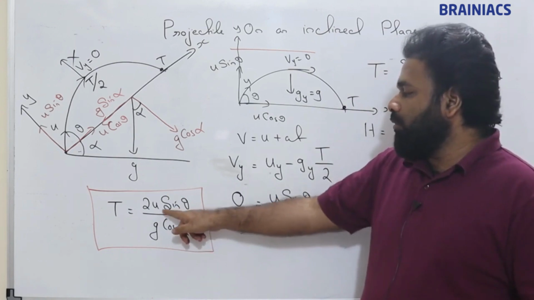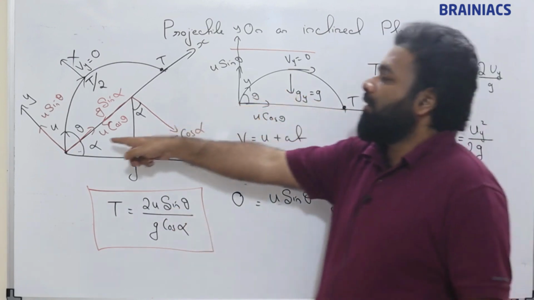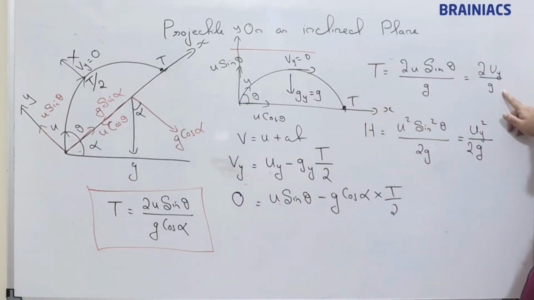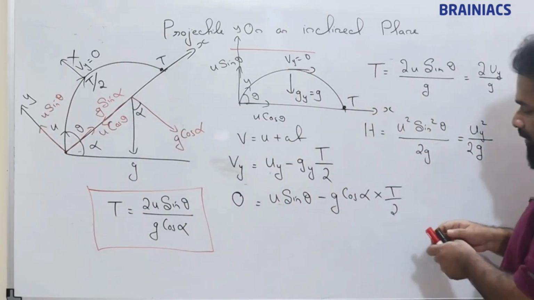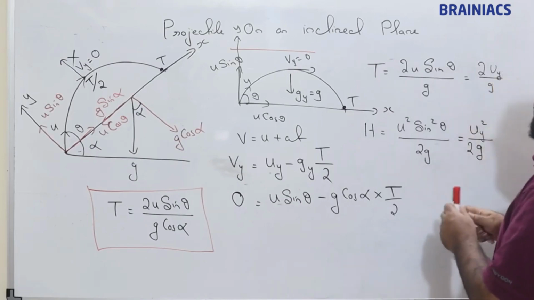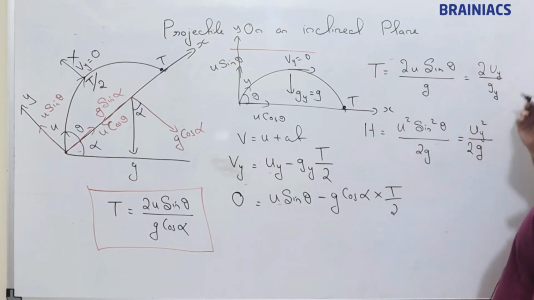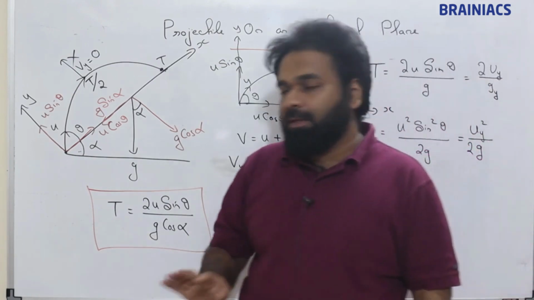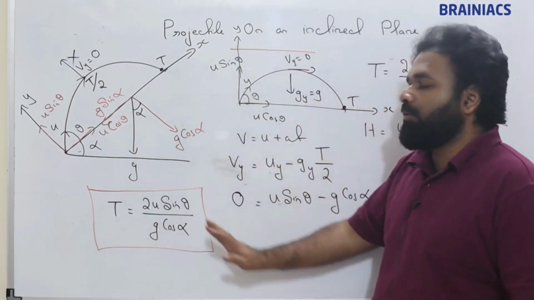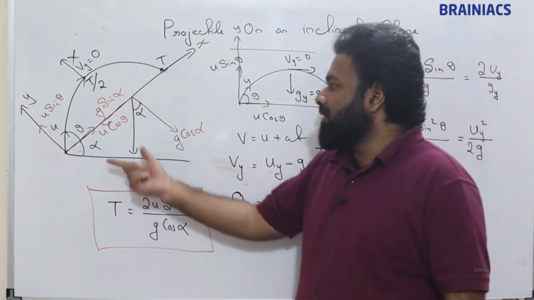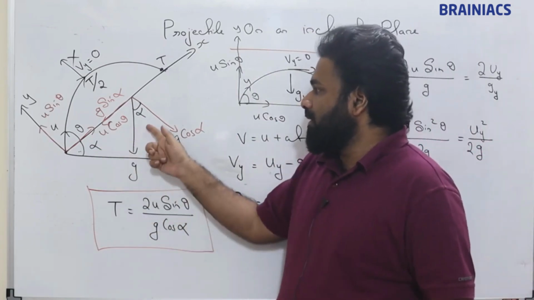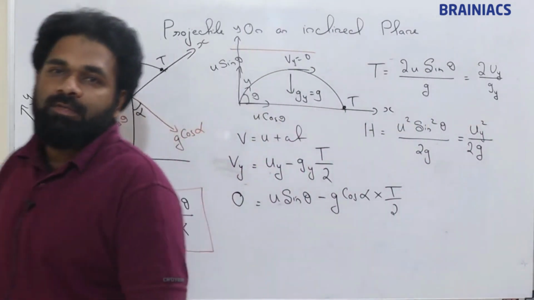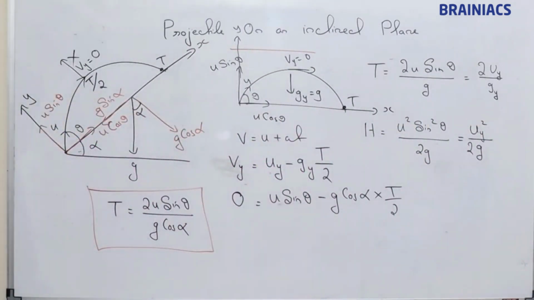So here also u sin theta is nothing but the y component, so 2uy divided by gy. This is also gy, right? So time of flight is 2u sin theta divided by g cos alpha. So this g cos alpha component we will have to add in time of flight. That is the only difference in time of flight. Is it clear? Note it down.